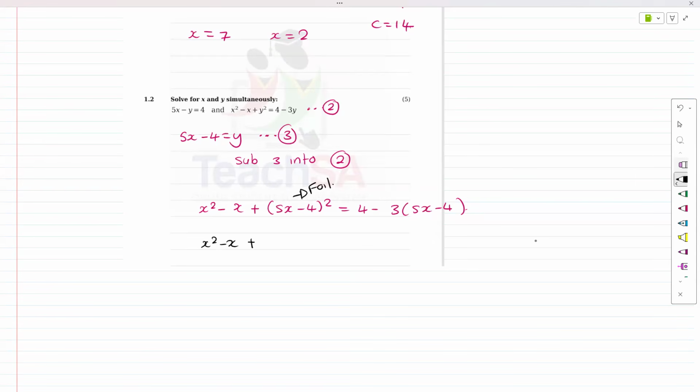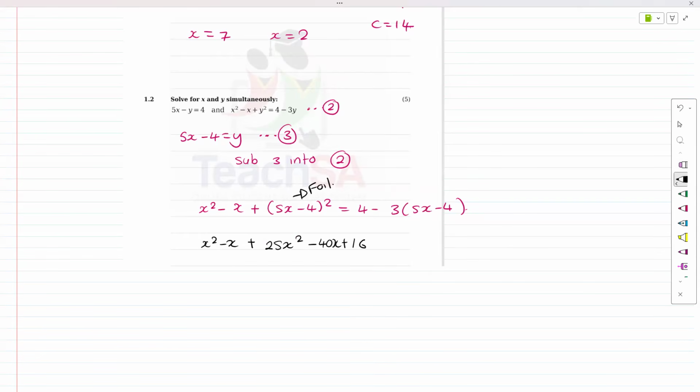Open up 2 brackets. So we should end up, let's see if I can do it in one step though, right? 25x squared. I know that's positive 16. And this should be minus 40x if I can get it right? But yeah, if I can do it in one step.